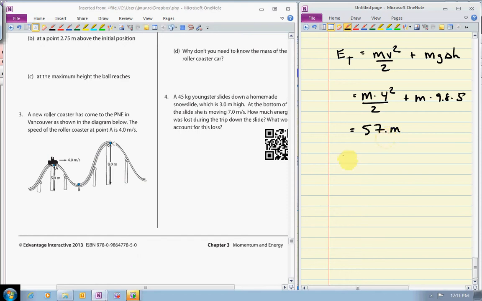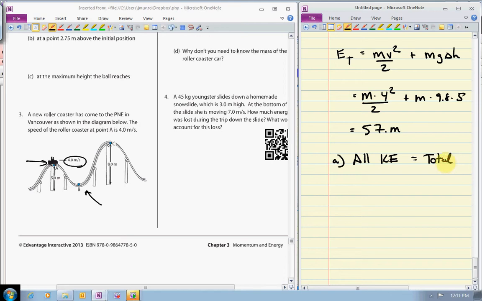At point B then, for question A, it wants to know what is the speed. Well, we know that all of the potential energy that it might have possessed here has been converted to kinetic energy. So the kinetic energy is conserved as kinetic energy, but we have the addition of the potential energy, which is now kinetic energy. So it's simple to say that all the kinetic energy is the total energy, or all the total energy is the kinetic energy.